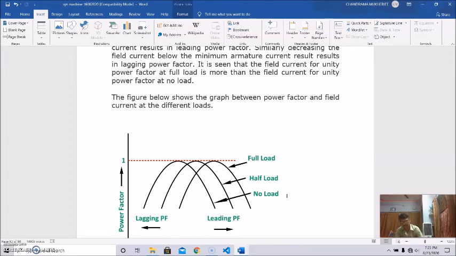We have also discussed the power angle characteristics, the V curves, inverted V curves, compounding curves, and when a synchronous motor can be operated as a condenser or inductor, etc. I have taken this material from the books on electric machines by D.P. Kothari and Nagrath of Tata McGraw-Hill.